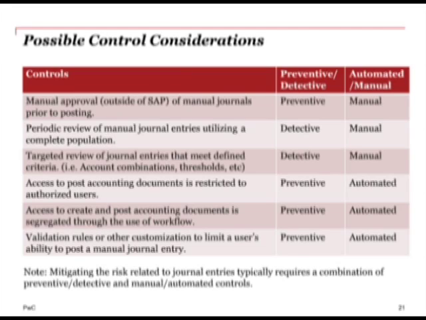The last consideration we have here are validation rules or other customization. So you could use validation rules on GL accounts or document types to restrict the use of a GL account or a document type. And where those restrictions exist, they could certainly be tested for design and operating effectiveness, and then that stream excluded from the manual journal entry population as well.